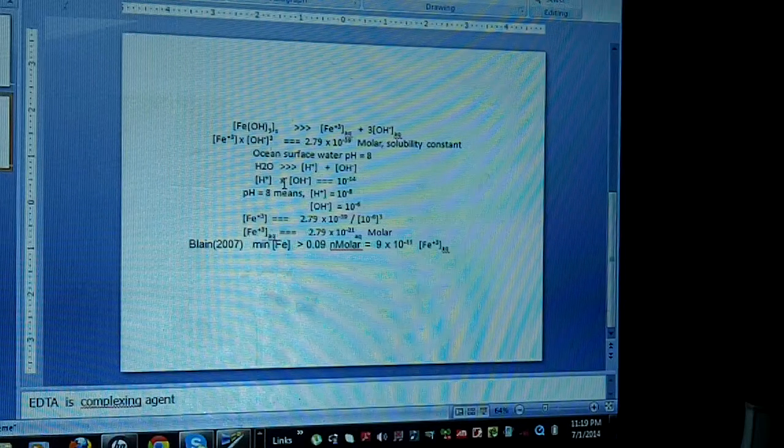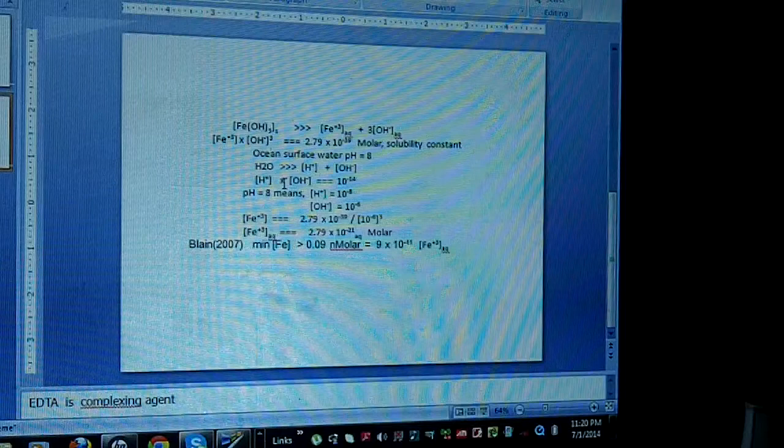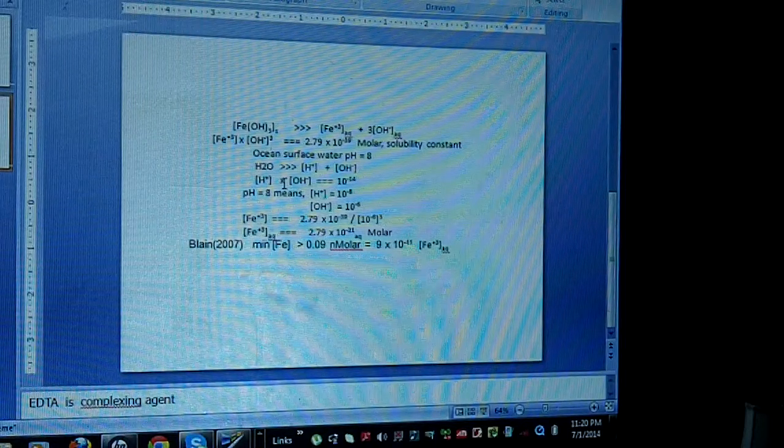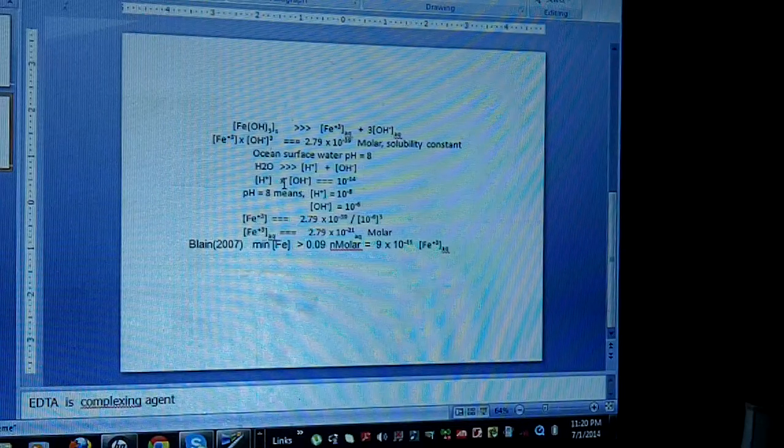And then we get 3 hydroxyl ions. So then, to define the solubility constant, we take the molar concentration of ferric ion and the hydroxyl ion to the 3rd power, and experimentally it's been found that that equals 2.79 times 10 to the minus 39 molar.